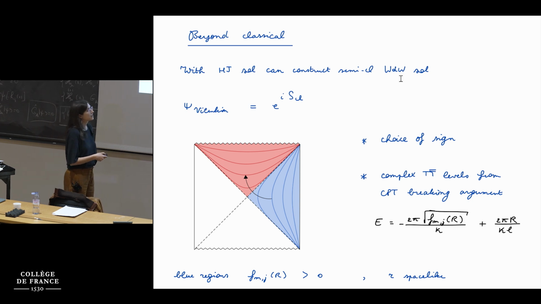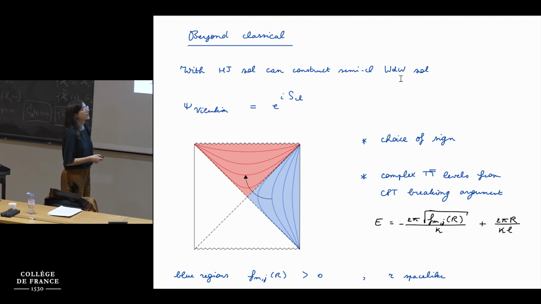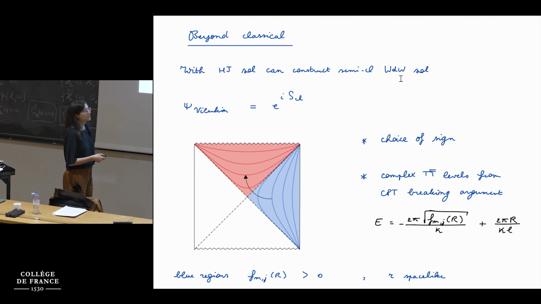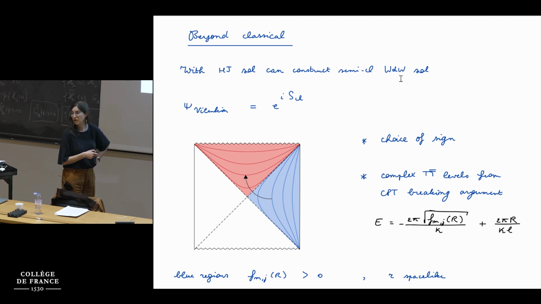So these are the energy levels of TTbar. You can calculate them in TTbar or using the holographic dual. And it will take this square root form where what's sitting under the square root is precisely the redshift factor of your dual BTZ geometry. And so it means that in the red regions in this diagram, where the redshift factor is negative, the TTbar energy levels will become complex.